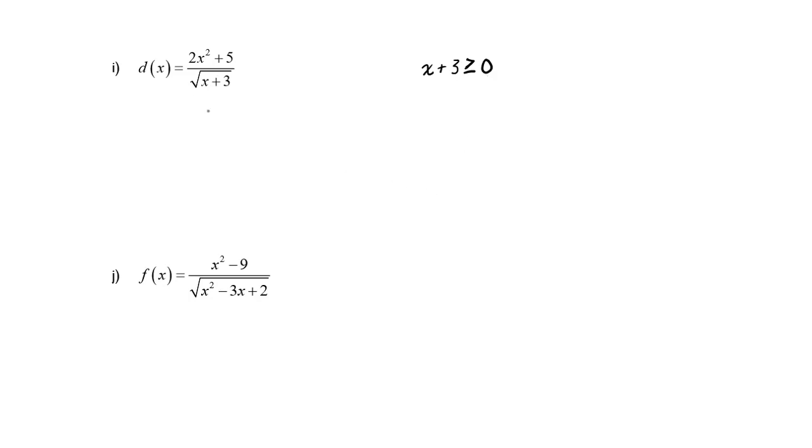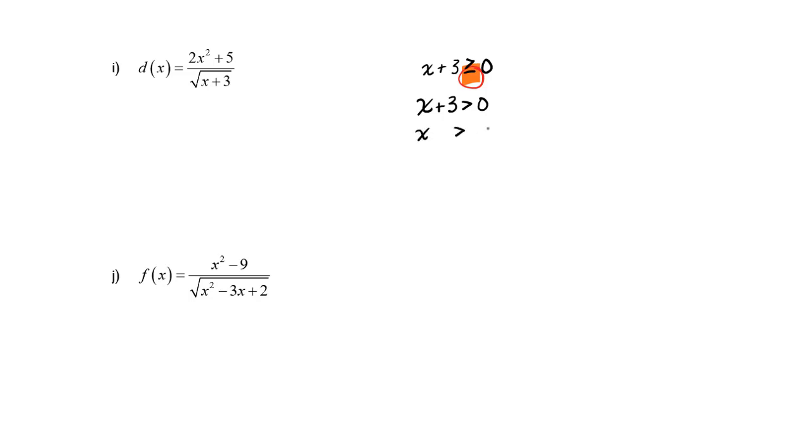However, you cannot have a denominator equal to 0 because if it's equal to 0, it's undefined. So we have a problem with the equal to. We cannot include that when it's a radical in the denominator. And so we restrict it further and say x plus 3 must only be greater than 0 because if it equals 0, it's undefined.